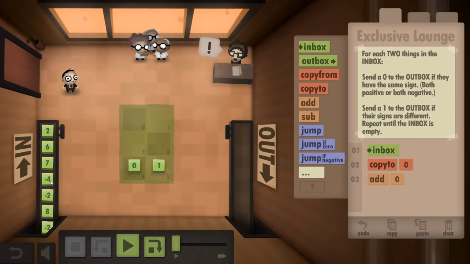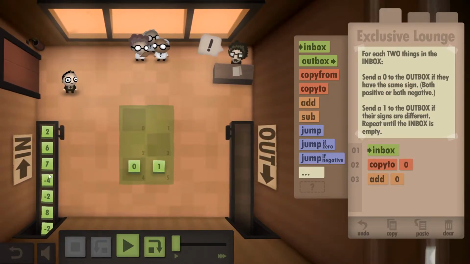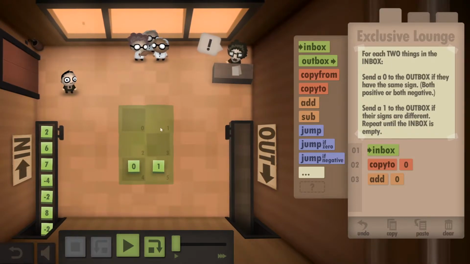So I think we still can do what we were thinking. We can do a sign check on each number.